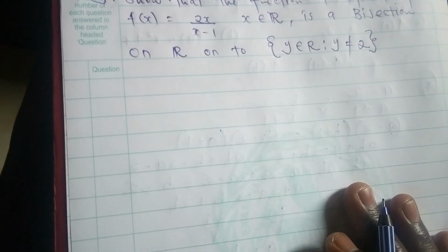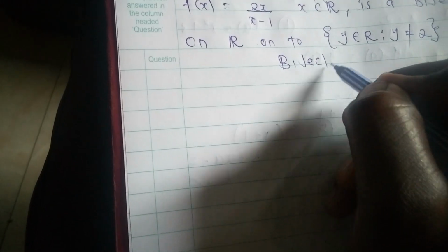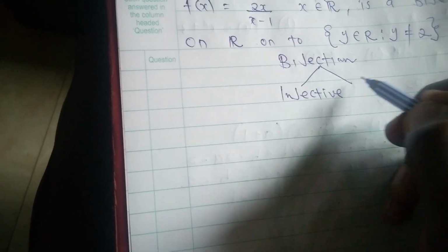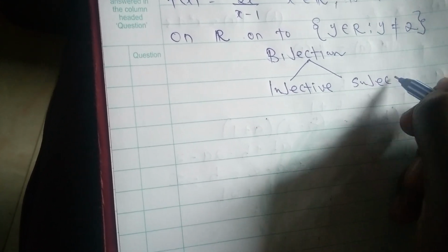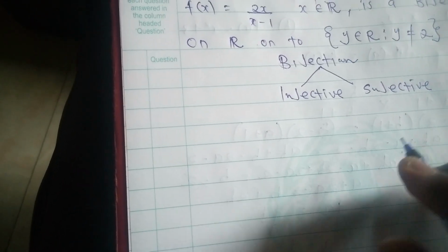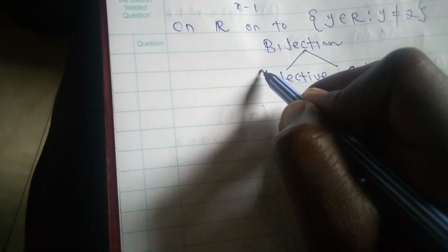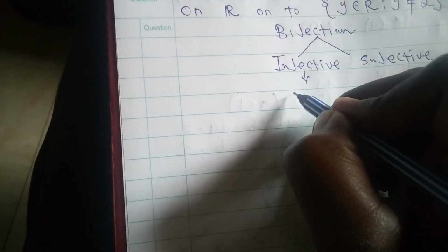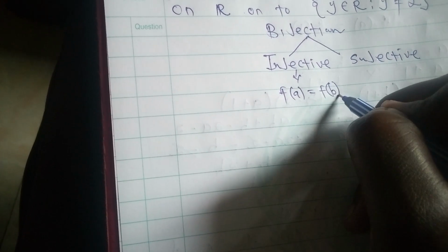So what you should understand is that when they say bijection, there are two things. There is what we call injective and surjective. So when they say injective, it means that they are telling you to prove 1 to 1, where f of a is equal to f of b.